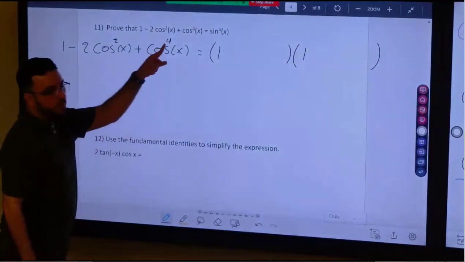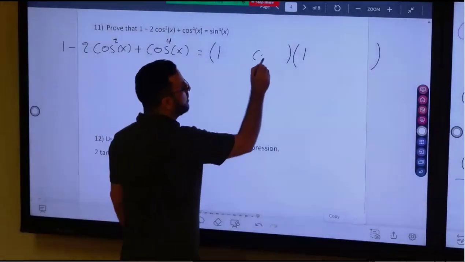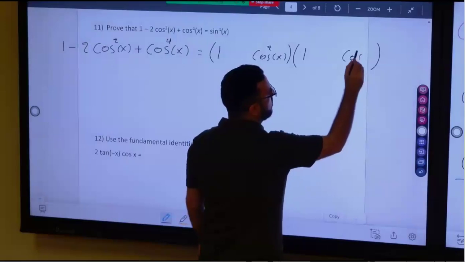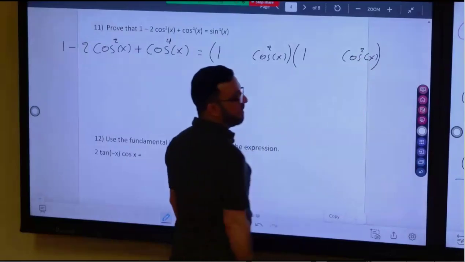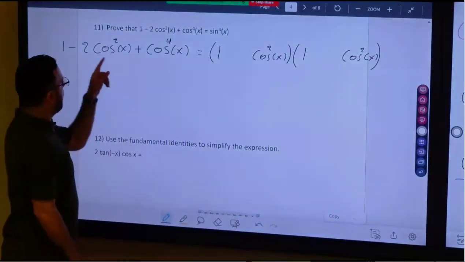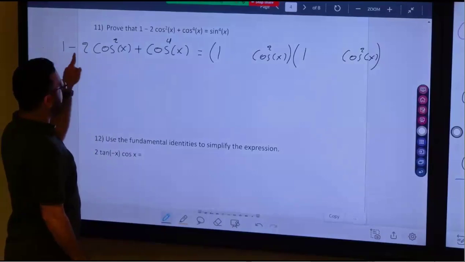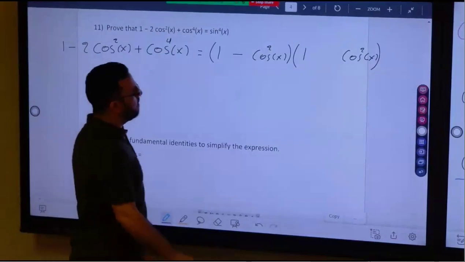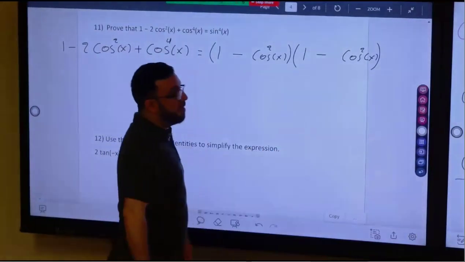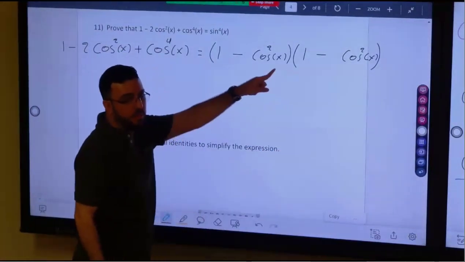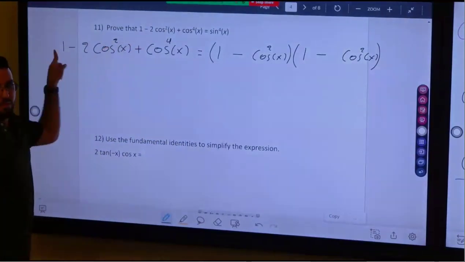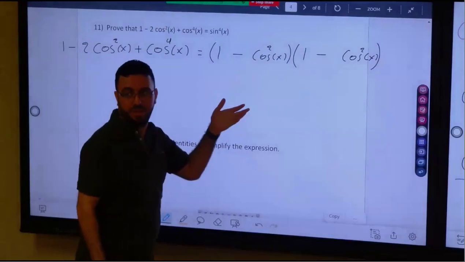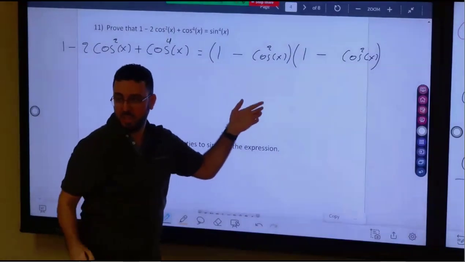Cosine to the power four, can I write down cosine squared here and cosine squared here? Yes or no? Positive times negative, negative. Negative times positive, negative. If you FOIL, you're going to go back here.